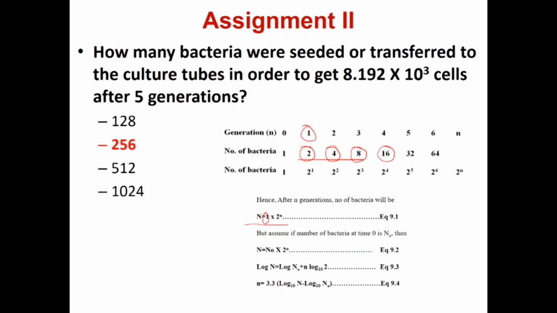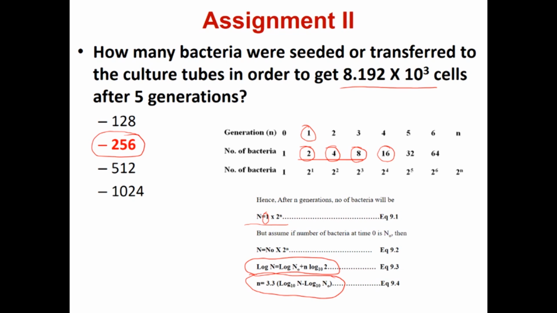So, if you solve this, the formula is log N equal to log N0 plus n log 2. If you use this formula and solve, if you start with 256 cells, in 5 generations you are going to get this number, which is 8.192 into 10 to the power 3.